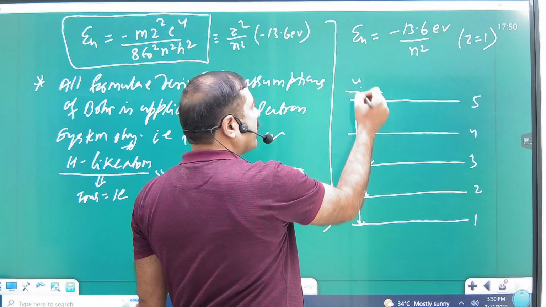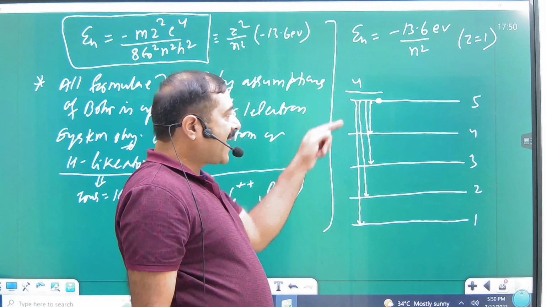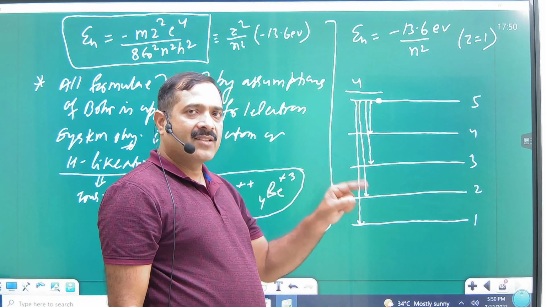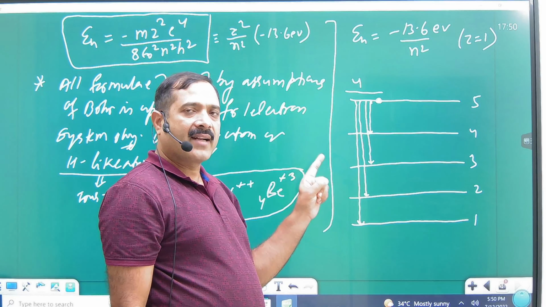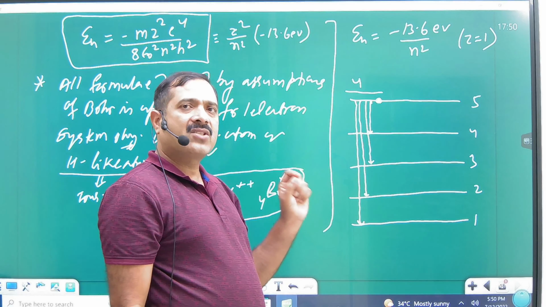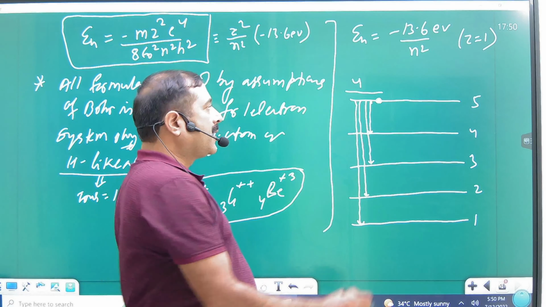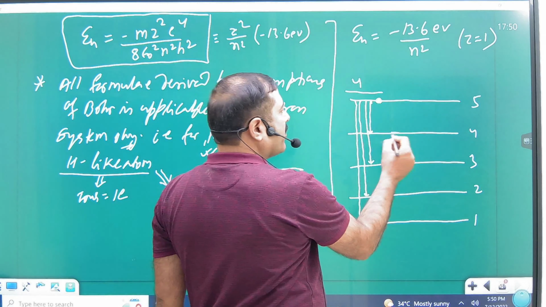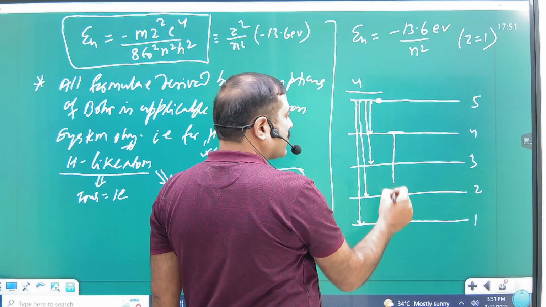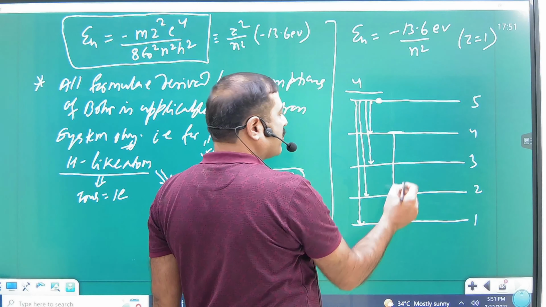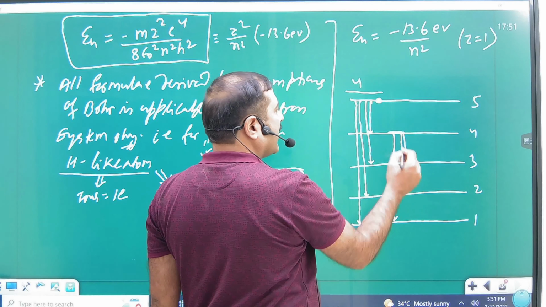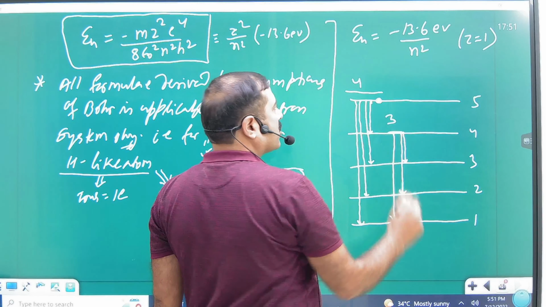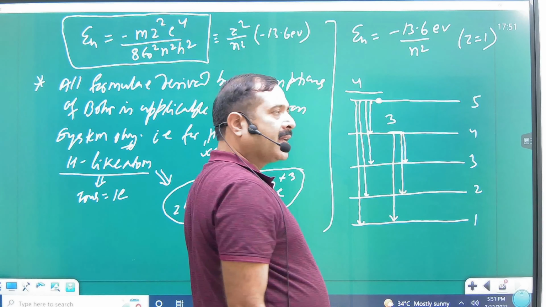And if there are 4 options of jumping, each jump results in emission of energy, and a specific electromagnetic radiation having a certain wavelength lambda will be emitted. Now if the electron comes to the 4th orbit, there are 3 chances of jumping. It may come to the 1st orbit, or the 2nd, or the 3rd. In such a situation, 3 electromagnetic radiations will be emitted.